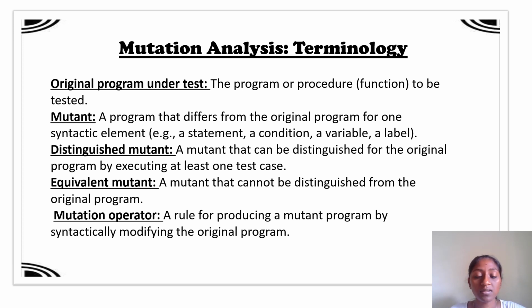Distinguished mutant, a mutant that can be distinguished from the original program by executing at least one test case. Equivalent mutant, a mutant that cannot be distinguished from the original program. Mutation operator, a rule for producing a mutant program by syntactically modifying the original program.